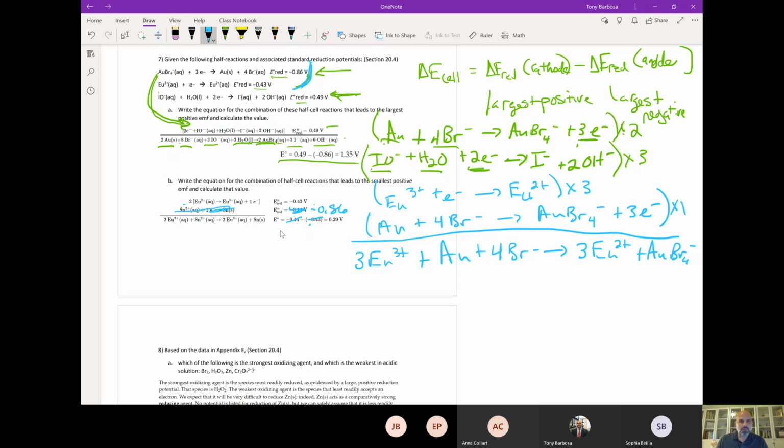I didn't even do the math right here. Okay, so then you have minus 0.43 minus a negative 0.86, which gives you your E naught of 0.43 volts.